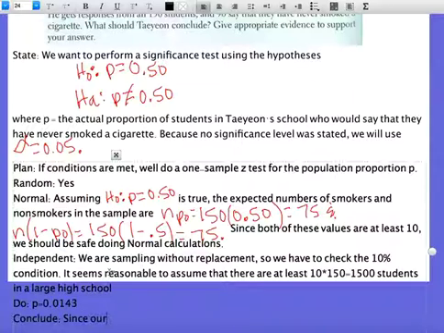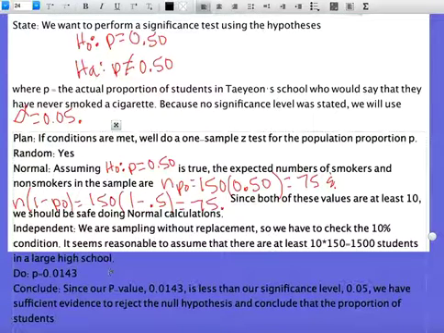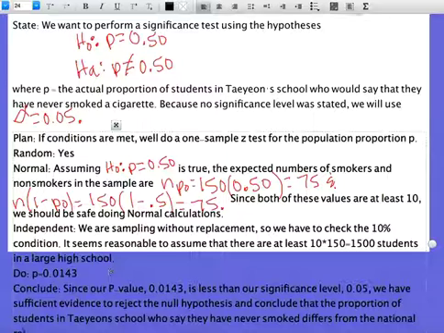So you're going to say since our p-value 0.0143 is less than our significance level, which was 0.05, we have sufficient evidence to reject the null hypothesis and conclude that the proportion of students in Taeyeon's school who say they have never smoked differs from the national result of 0.50.